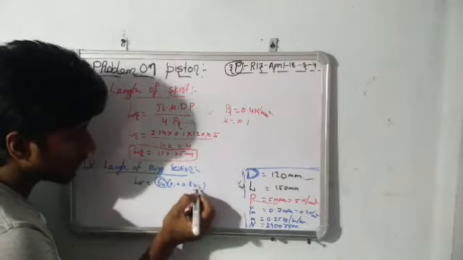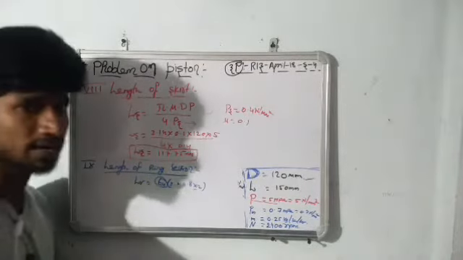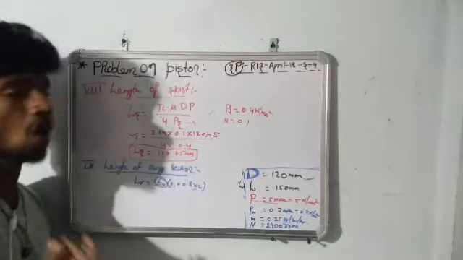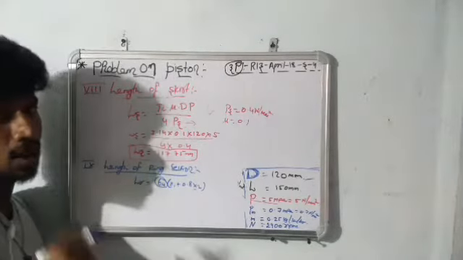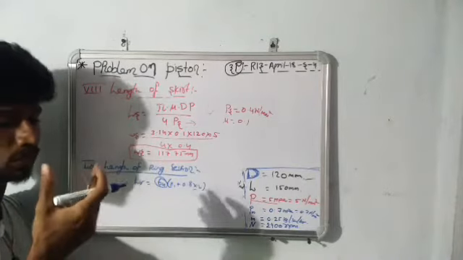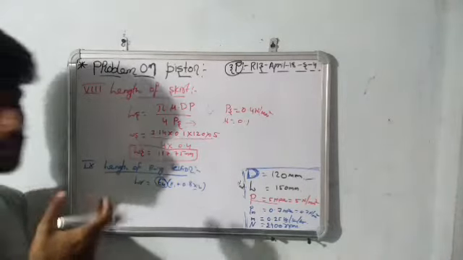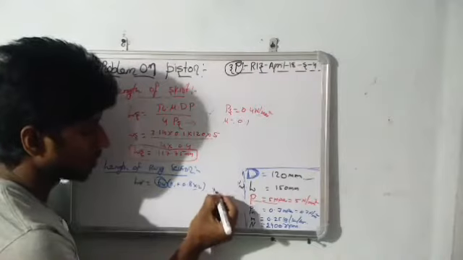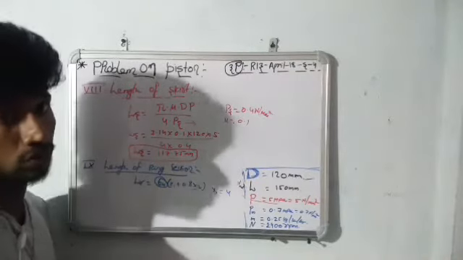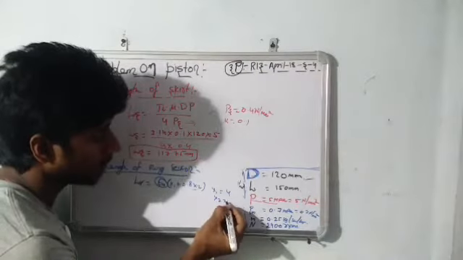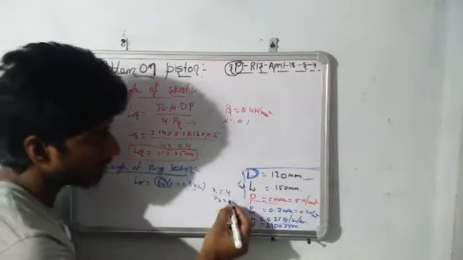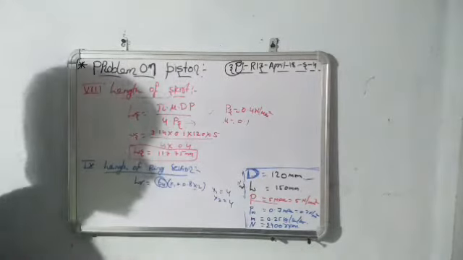So what about x1 and x2? x1 indicates how many rings we prefer in that piston, and x2 indicates how many lands, that means the spaces occupied by the piston rings. I prefer x1 equal to 4, that means 2 oil rings and 2 compression rings, and the number of lands here is considered 4.